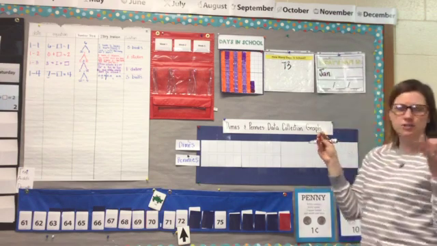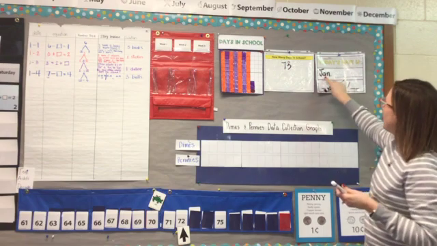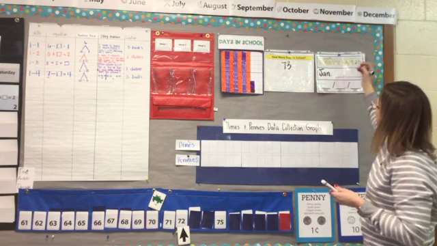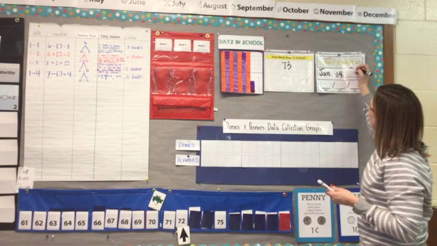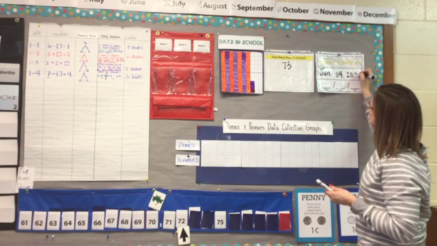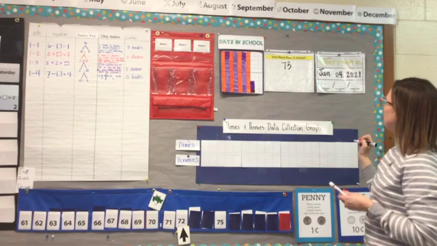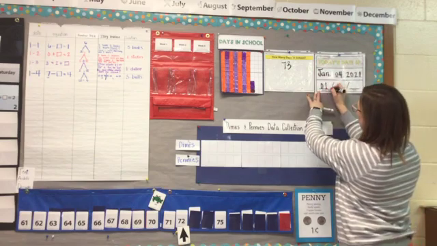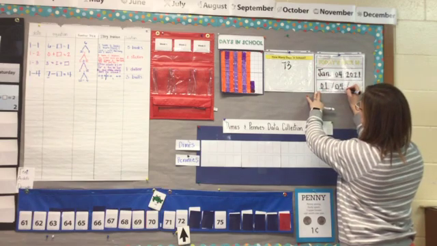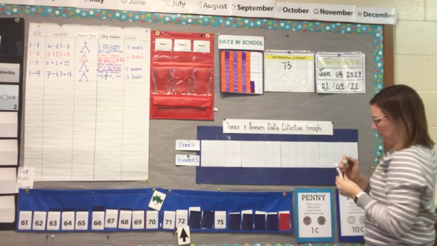Okay, abbreviation is just the shortened word, J-A-N. So today is January 4th, and our new year is 2021. So the month is 1, the day is 4, and the year is 21.